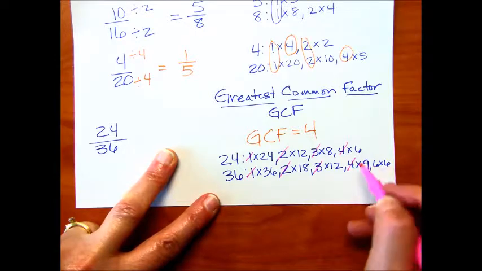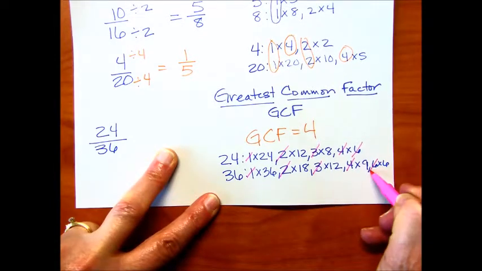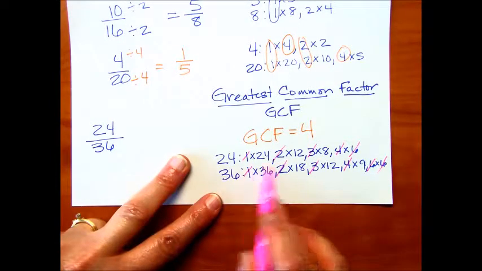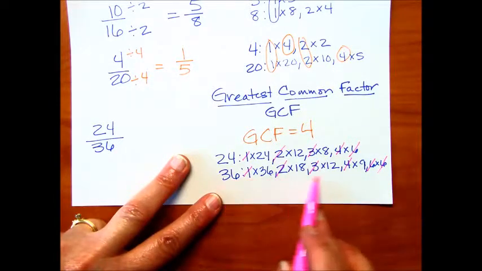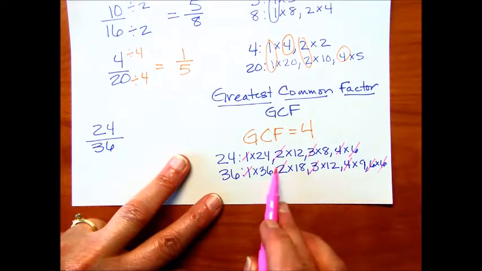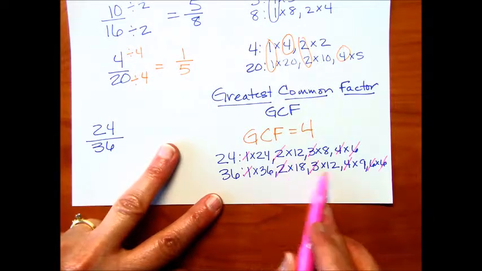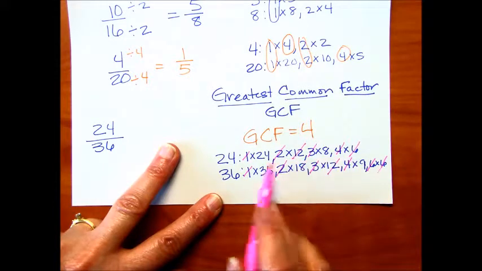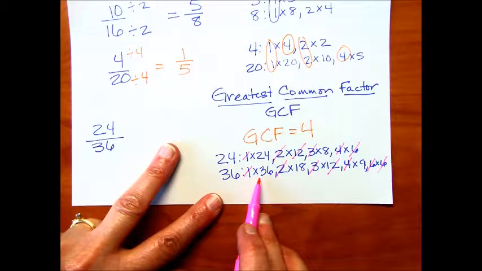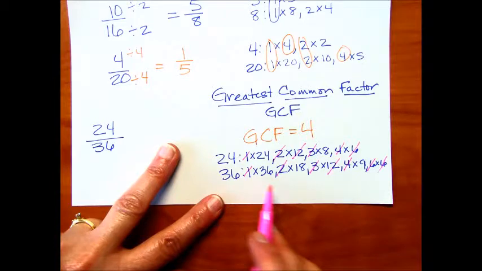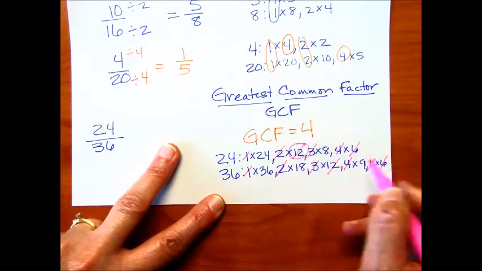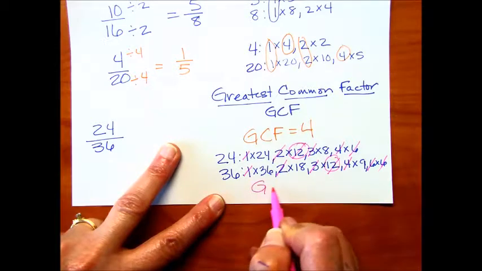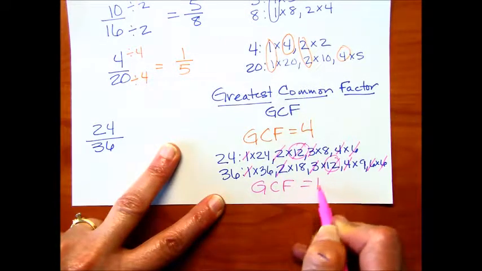I also have 6s here. I'll go ahead and cross off both of those. I have an 8, but I don't have an 8 here. I have a 12 and a 12. And the last one is a 24, but I don't have a 24 here. So I'm going to go back to this 12 and say that that is my greatest common factor.